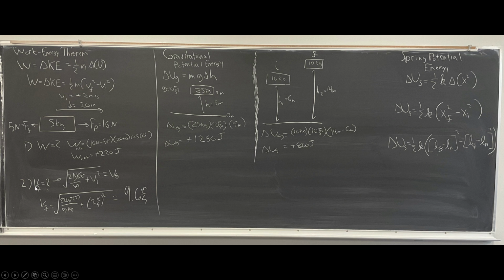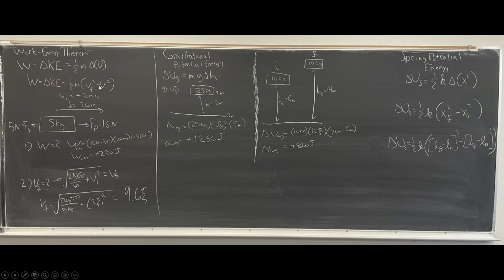Now question 2, what would be the final velocity of this object? Well, rearranging our equation here, we already have the change in kinetic energy because that's the same value as our work. To get vf, or velocity final, by itself, first we'll multiply by 2 and then divide by mass. So change in kinetic energy times 2 over m.